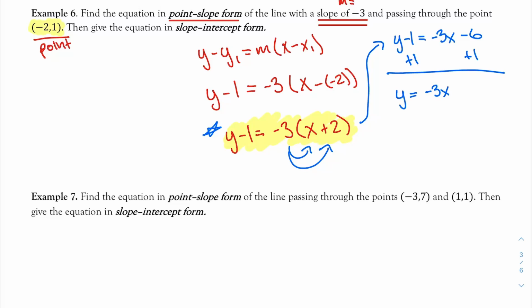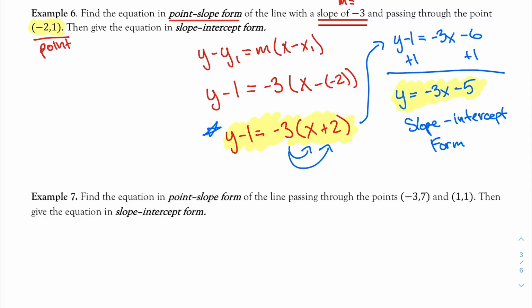Negative 6 plus 1, we get negative 5. And this looks a lot like mx plus b. So hence, I also have this now in slope-intercept form. This is my second answer, slope-intercept form. So this is what I wanted for example 6.